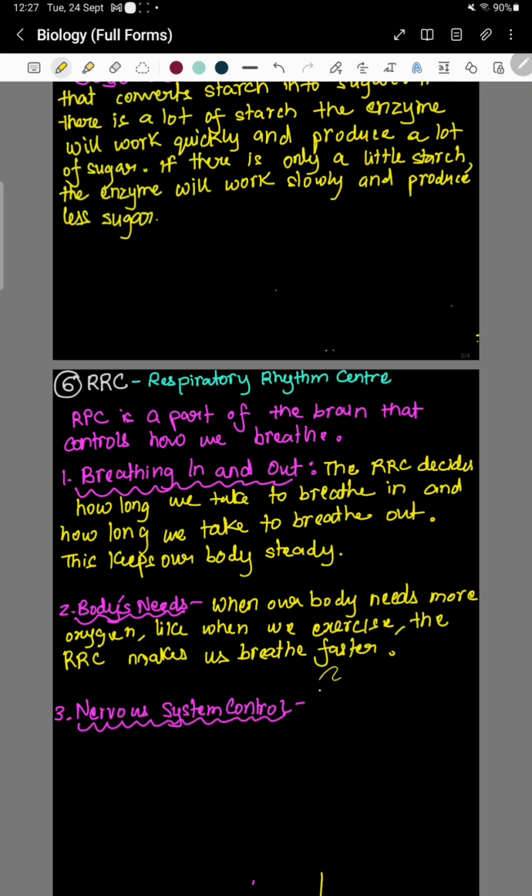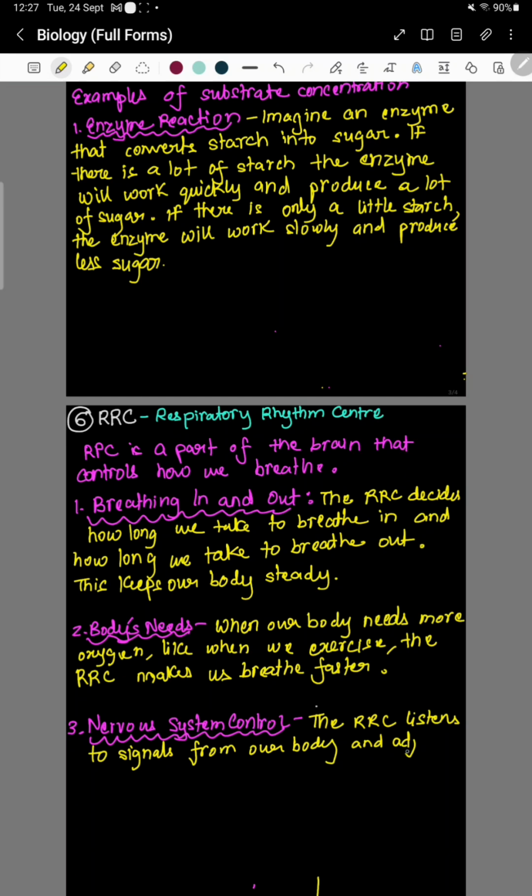The RRC listens to signals from our body and adjusts our breathing based on whether we are relaxed or stressed.